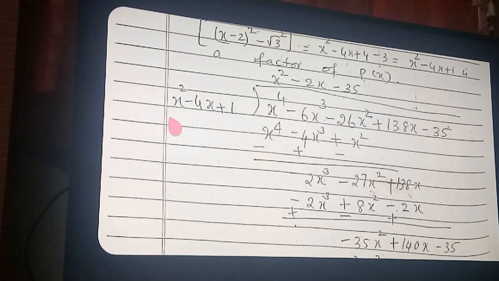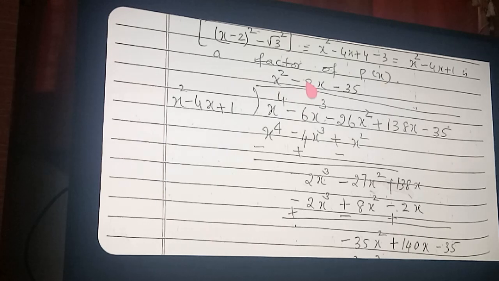You divide by yourself. I have written here: x into x square, x raised to 4, and minus 4x cube plus x square. Change the sign and add them. So minus 2x cube minus 27x square, and bring down this term. Why bring it down? I told you, here 3 terms are needed because here also there are 3 terms. Then as usual, what is coming here? Minus 2x, first term by first term.